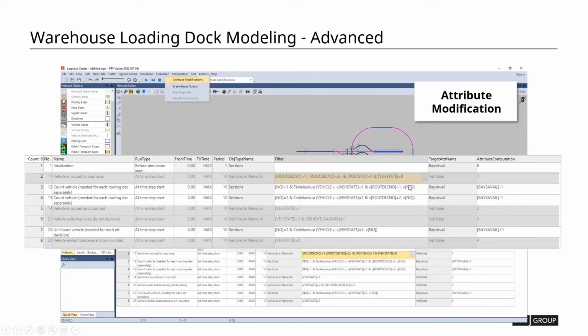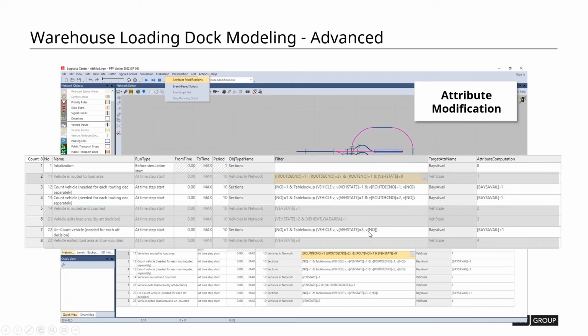If it returns any vehicle ID number which is non-zero, it's going to deduct 1 from the current number of loading bays available. Same thing for decision 1 or 2.